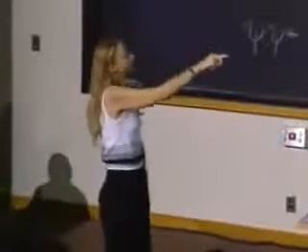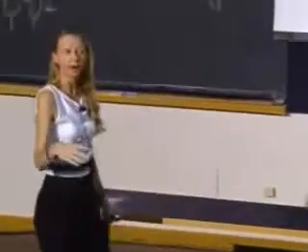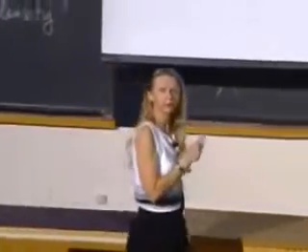Remember, the radial probability distribution function for 2P is the radial part of the 2P wave function times r squared dr. It gives me the probability of finding the electron at a distance between r and r plus dr.